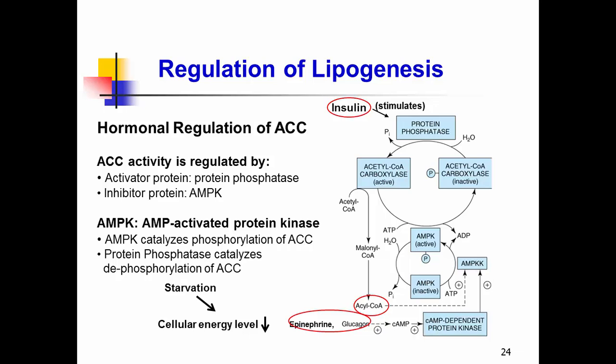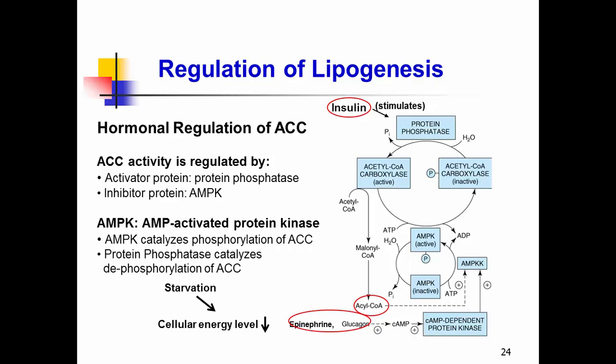And another important thing is I wanted to introduce the enzyme called AMPK, right? The AMP-activated protein kinase, and this kinase is very important and mediates the hormone regulations, right? Insulin, glucagon, epinephrine.